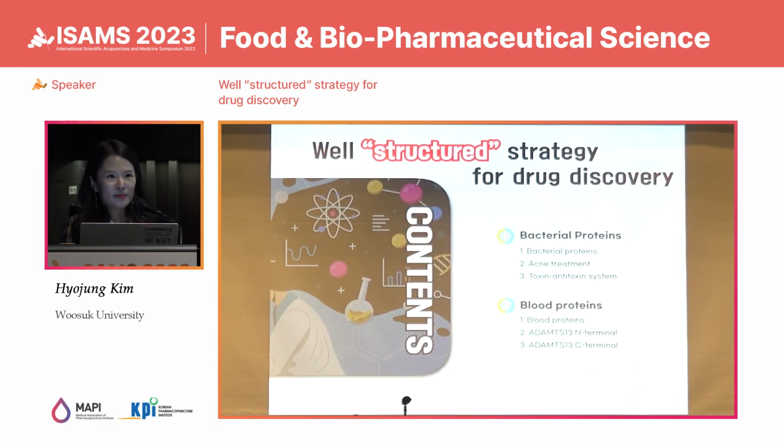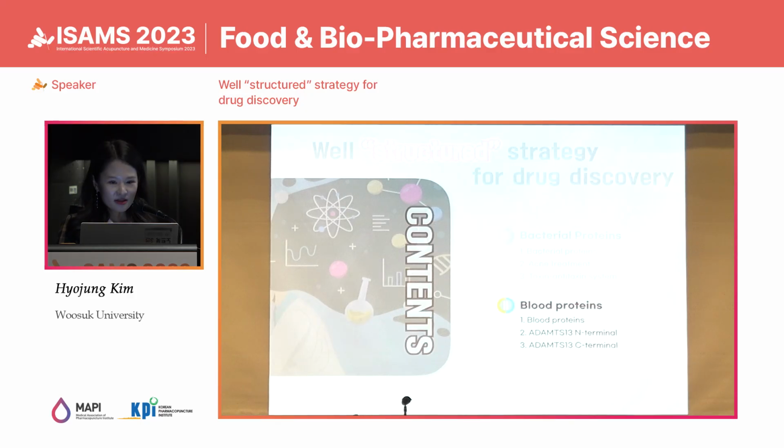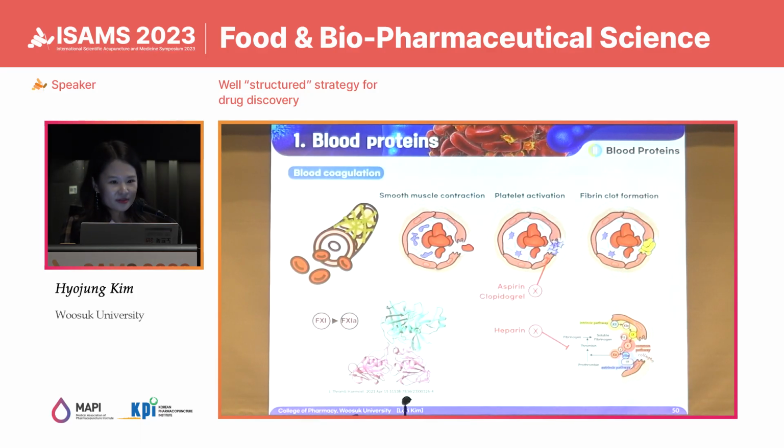When I say these are my bacterial protein targets, the next one is my human targets, and I'm mainly focusing on the blood proteins. When we say the most well-regulated system in our body, I would say bleeding and clotting is the best regulated system in our body.